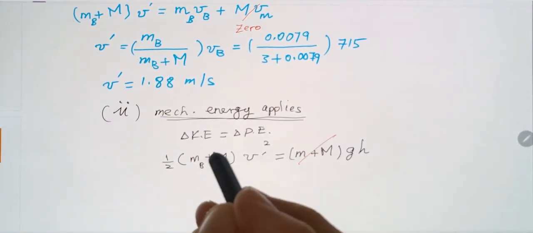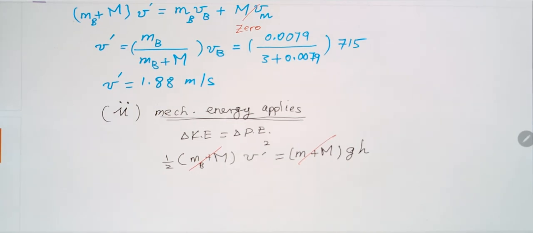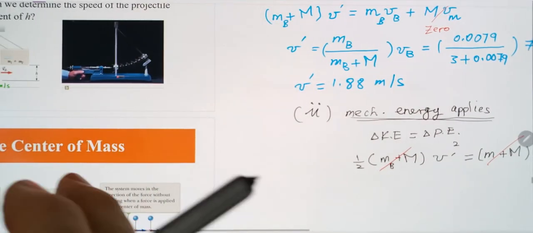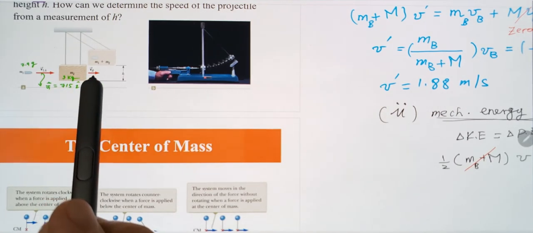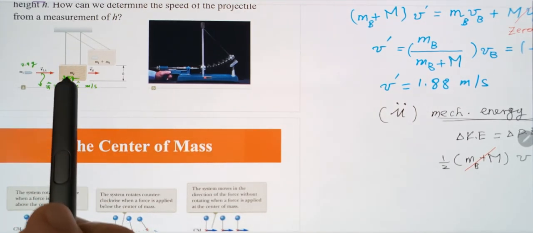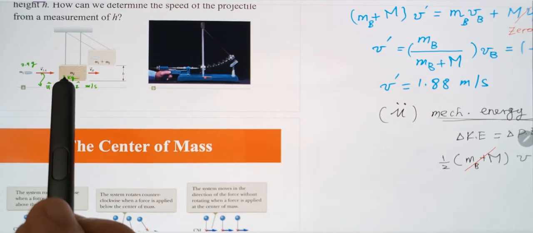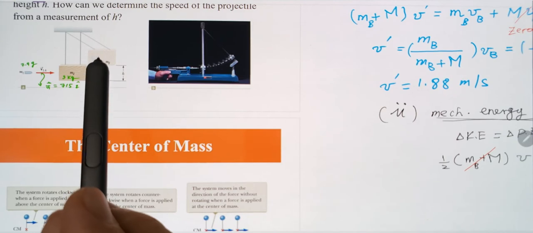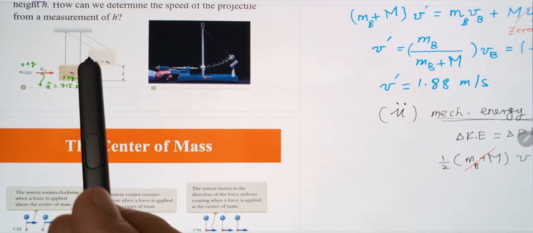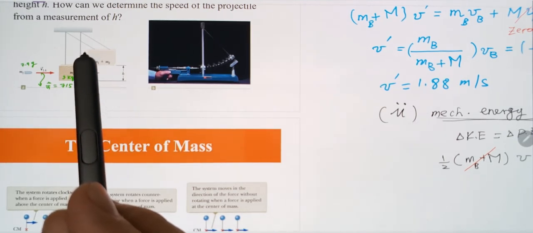So right away, for both masses the final kinetic energy is zero, because it will stop. The block and the bullet will move in a pendulum motion, circular motion. As it moves up, it will slow down until it stops. So the final kinetic energy must equal 0, because finally it will stop.